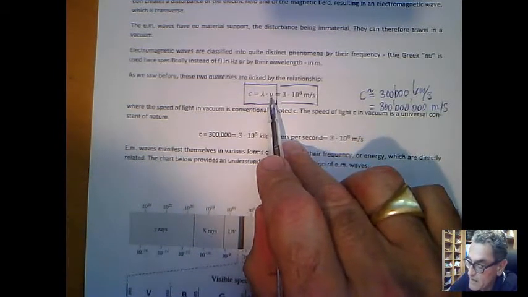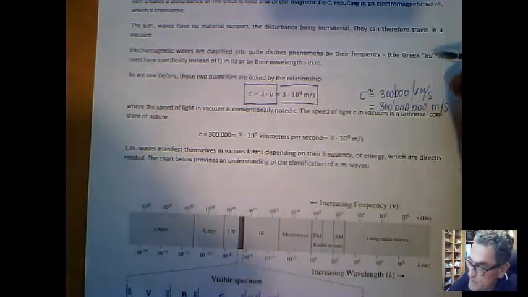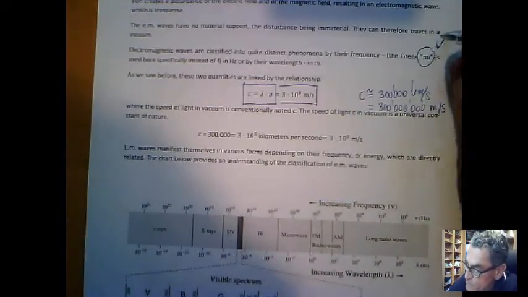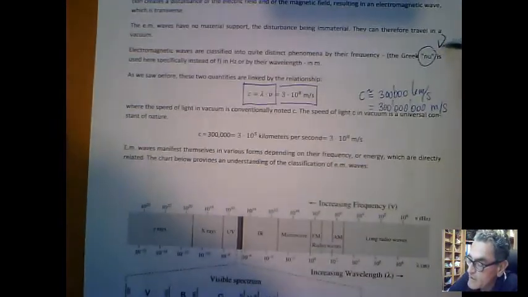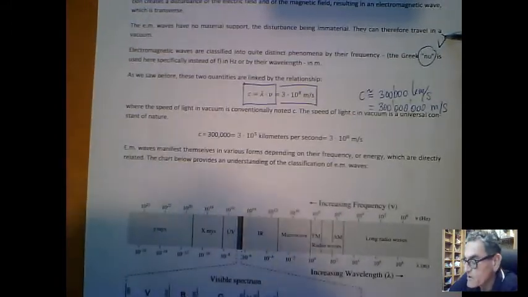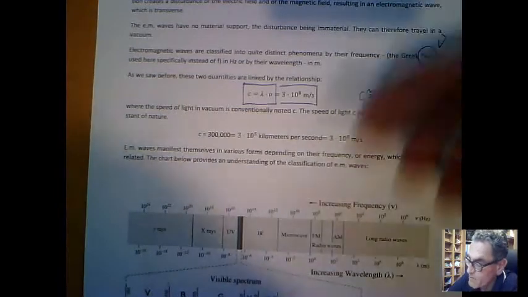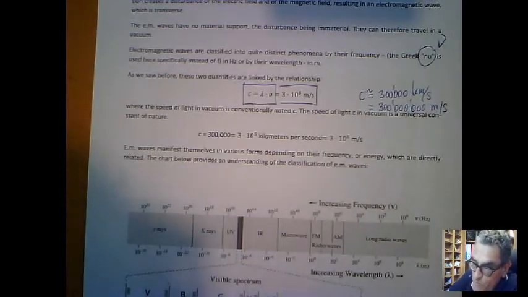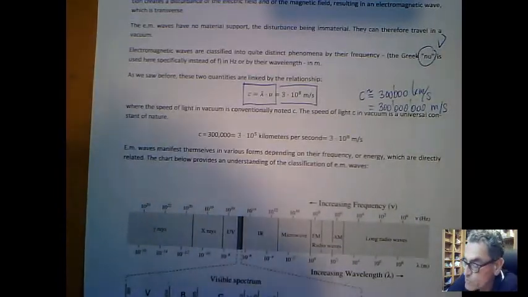This letter nu here, Greek nu, you write it like this. It is a letter we commonly use to describe the frequency of electromagnetic waves. So now I will no longer use the f that we were using before for frequency. I will use nu because this is the standard notation.